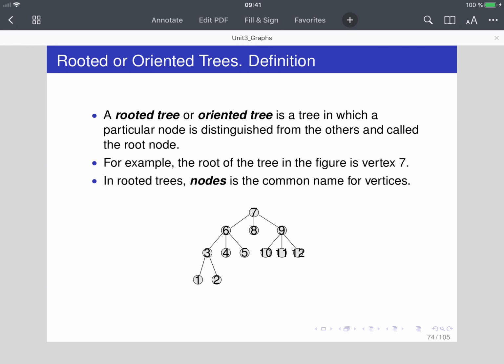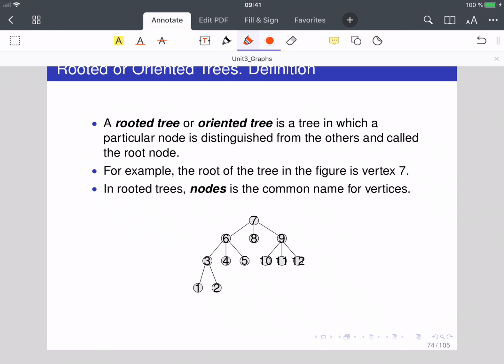In that case, when we have a tree with an element which is relevant or important for some reason, we call that element the root node. So it's the root folder or the root position or the root element of the tree. And in rooted trees, instead of vertices or elements, we most times call the vertices in the tree nodes.